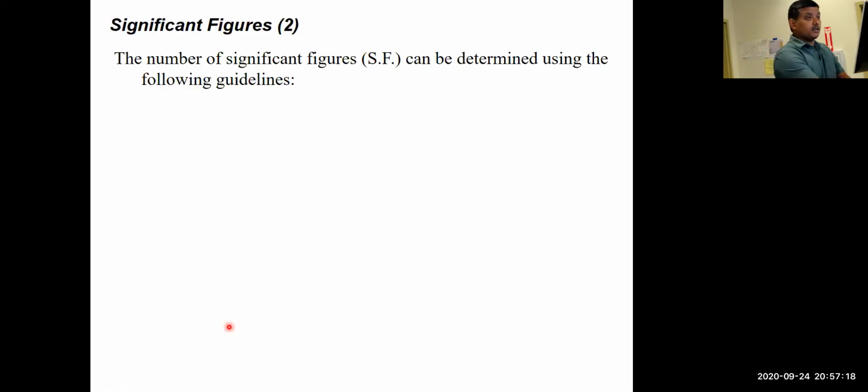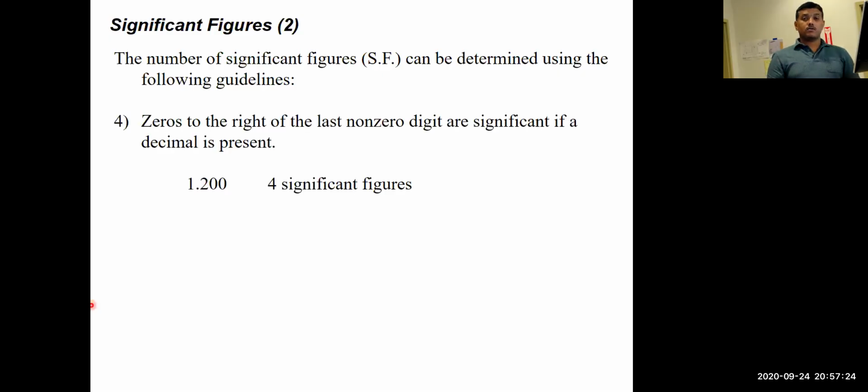Let's look into other numbers here. Another rule is the 4th rule. This conflicts with 3, or it is kind of opposite to 3. Let's say you have zeros on the right side. They are significant if they are preceded by a decimal. Because if the decimal is present before the zeros, we are saying that we're pretty sure until the third decimal place that we calculate until 1.200.